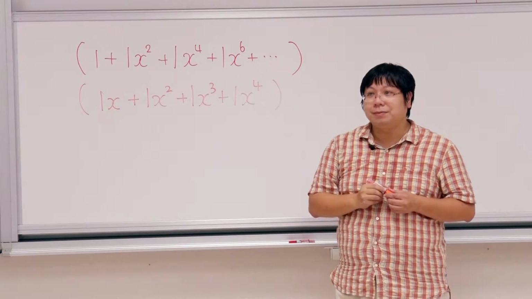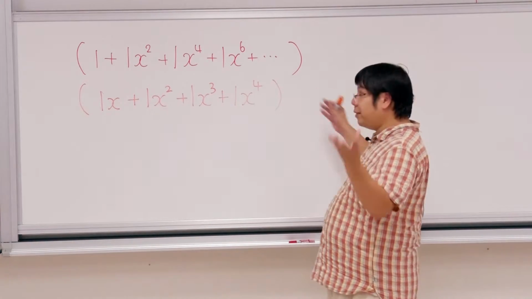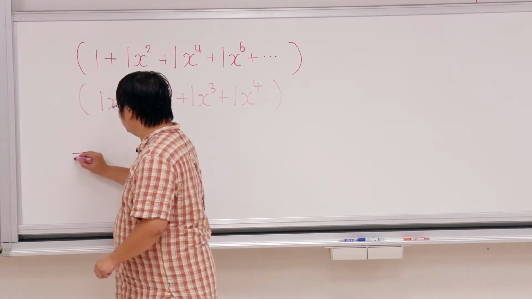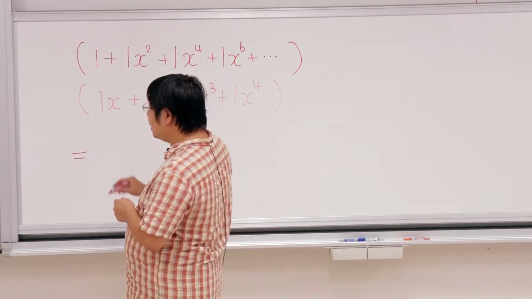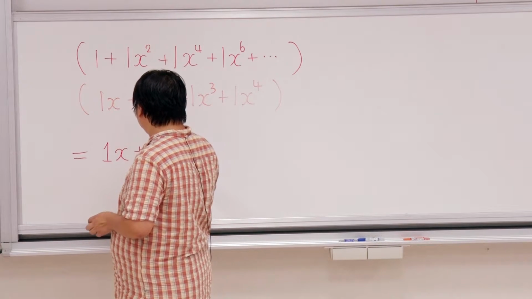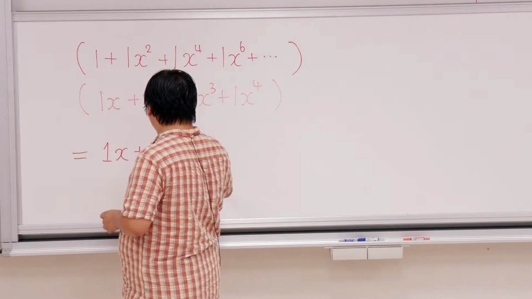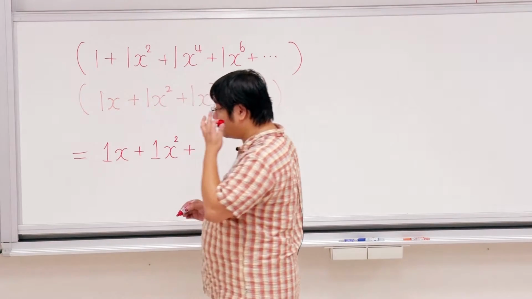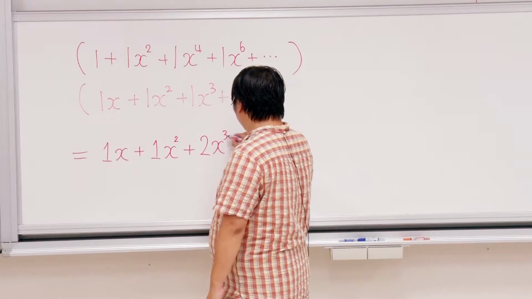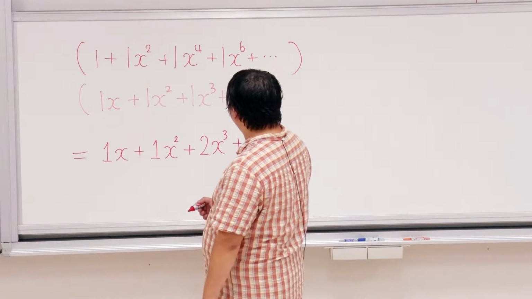Is that okay? And then if you expand this, we will get something like: it is equal to 1 times x plus 1 times x squared plus 2 times x cubed plus how many times x^4?